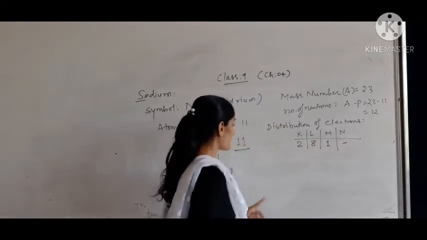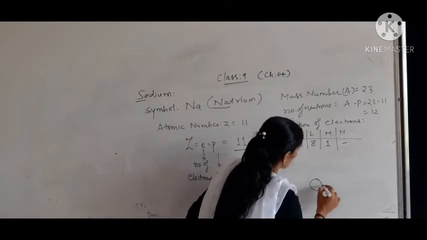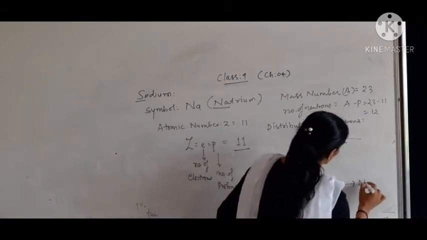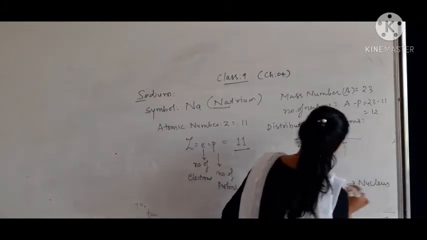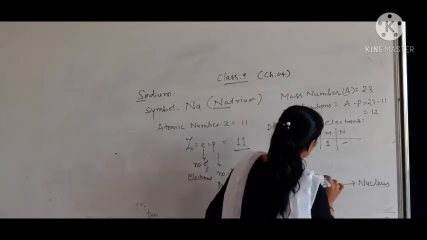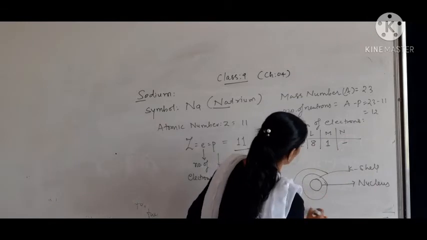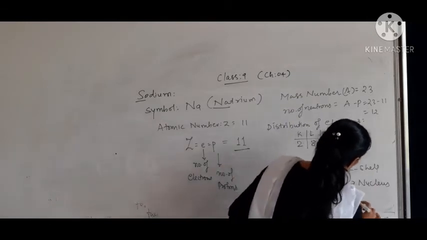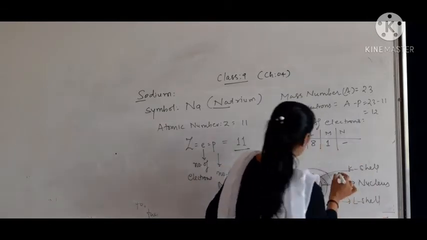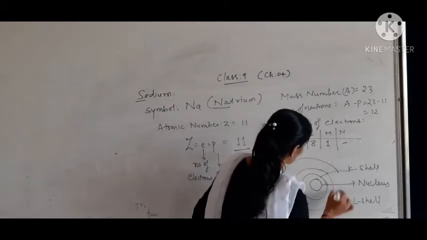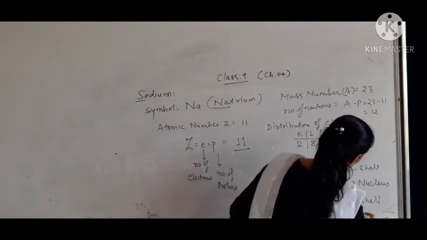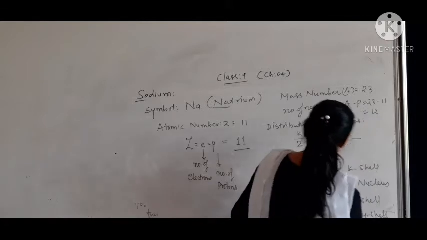So it has 3 orbits around the nucleus. That is the nucleus, then there is K shell just beyond the nucleus, first. Then we have L shell, children. And lastly we have the M shell.